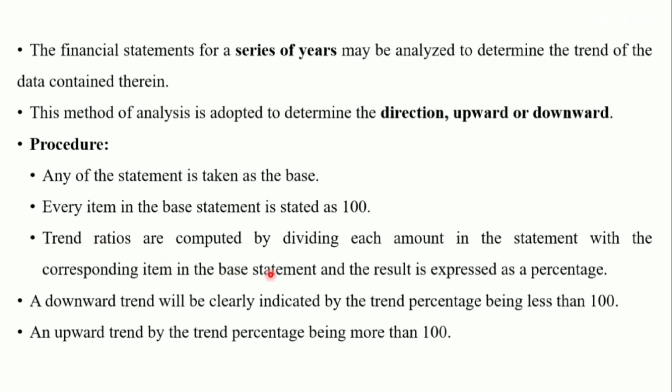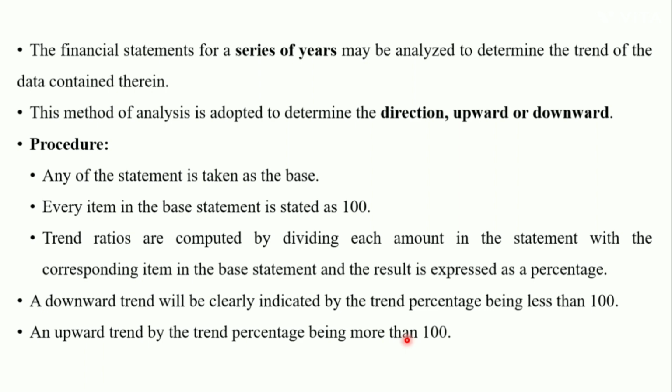Trend ratio is calculated by dividing each amount in the statement by the corresponding item in the base statement, and the result is expressed as a percentage. Then a downward trend will be clearly indicated by the trend percentage being less than 100, and an upward trend by the trend percentage being more than 100. This will be clear in the next slide.